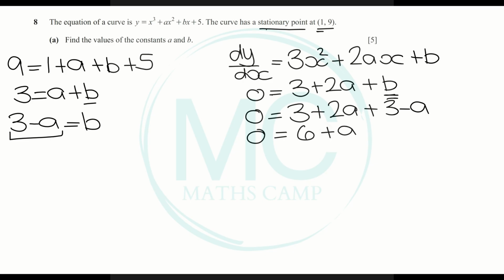Move 6 to the left, and I can see that negative 6 is equal to a. Now that I have a, let's find b. So I can say 3 minus negative 6 is equal to b, which means that 9 is equal to b.